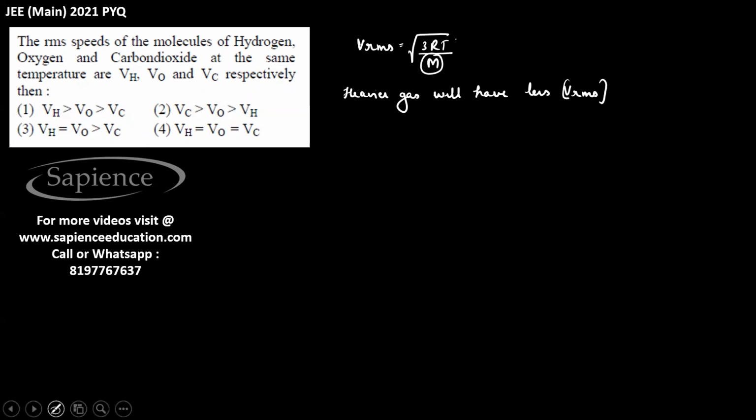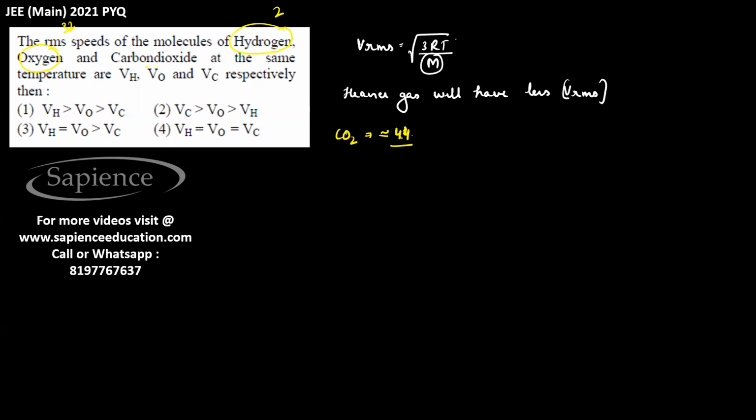So which one is heavier? Hydrogen has molecular mass 2. Oxygen molecular mass will be 32. And carbon dioxide is CO2, so we add the carbon molecular mass plus two oxygens, which is roughly 44.